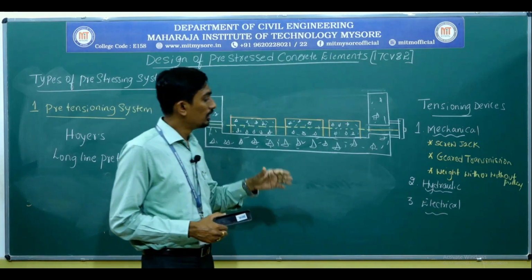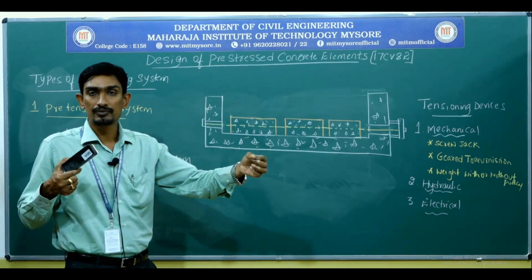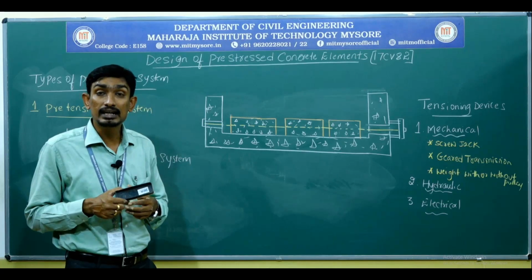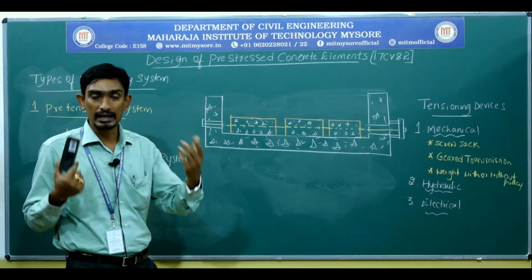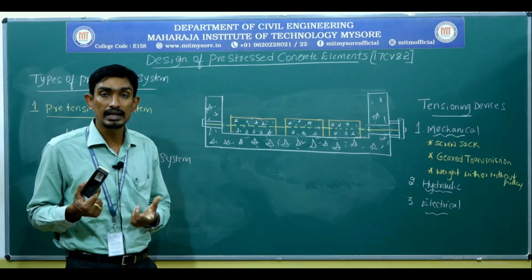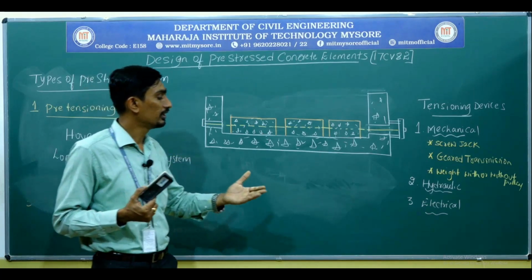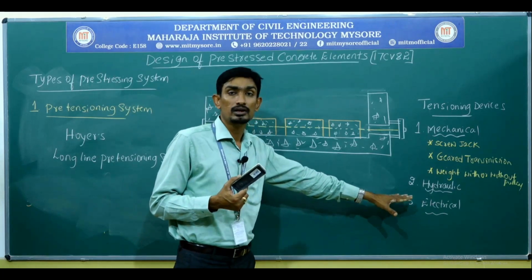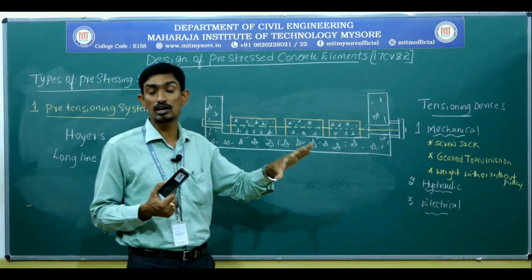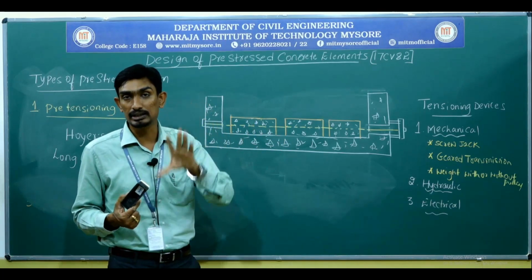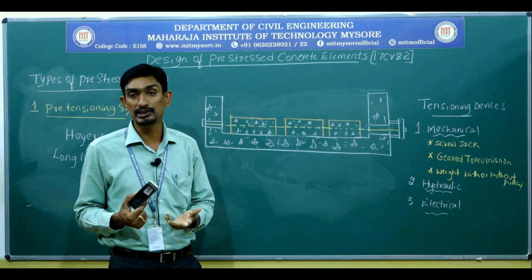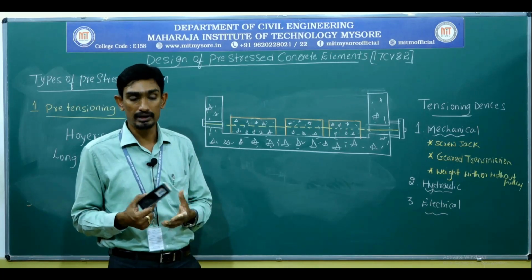In this, the wires are stretched, anchored and electrically heated. By this they induce prestressing, and this method of prestressing is called the thermo-prestressing method or electrical prestressing. Did you get my point?